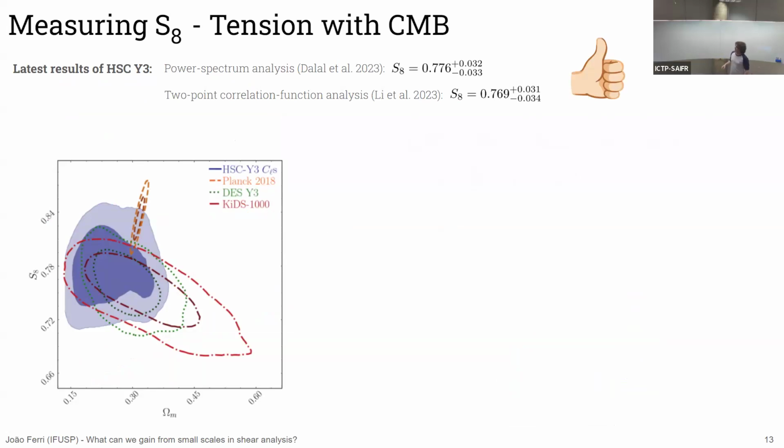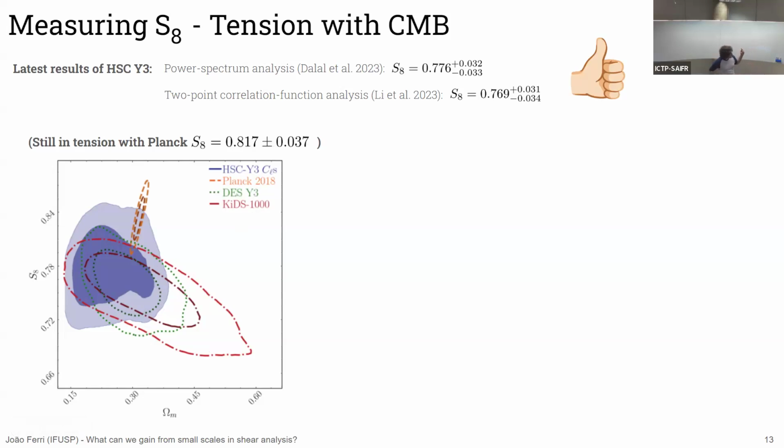So that's nice. But at that time, there was still the problem of the S8 tension with Planck. And every single experiment on galaxy shear had this problem.